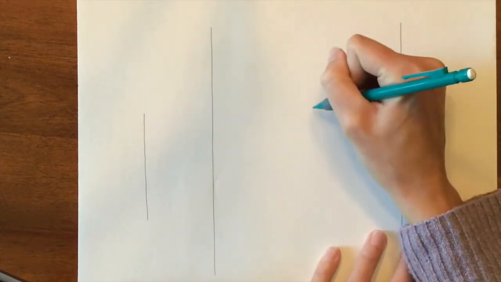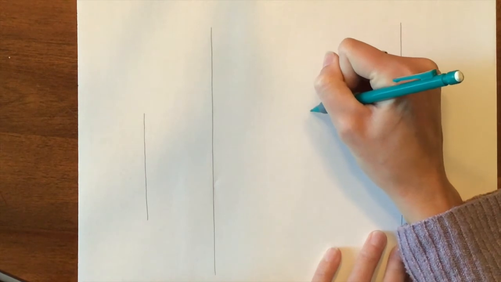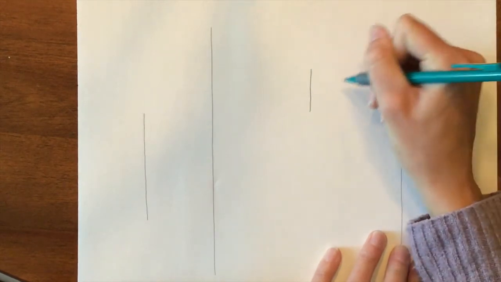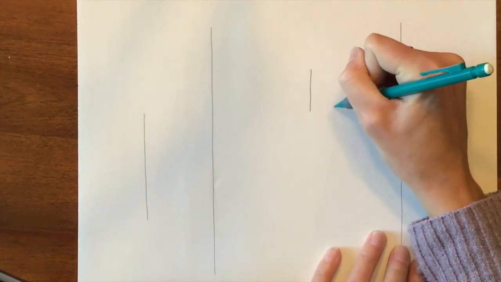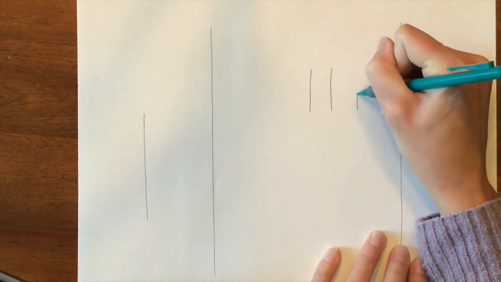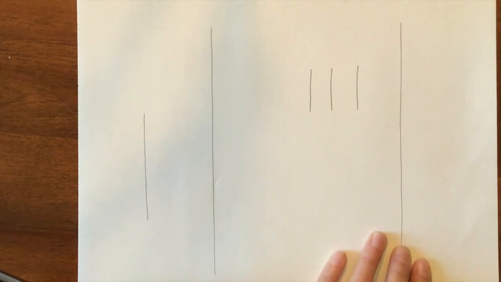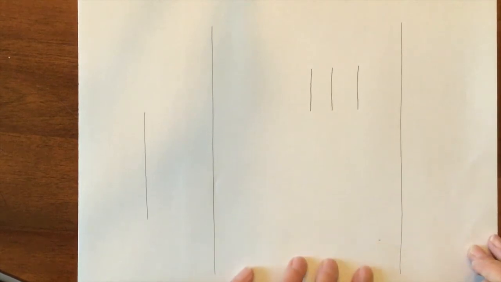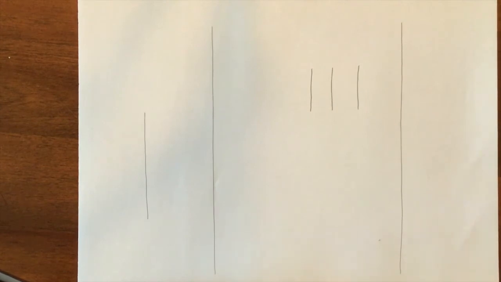And then what I want to do is make a couple of trees that are even smaller because they're further away. So it looks like that, okay? Now somewhere I have to make what's called a horizon line, and that is the line where the ground and the sky meet.